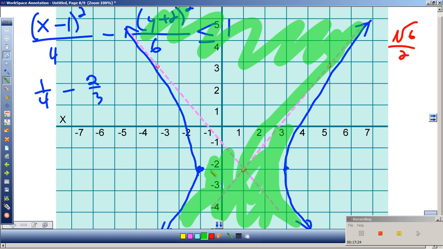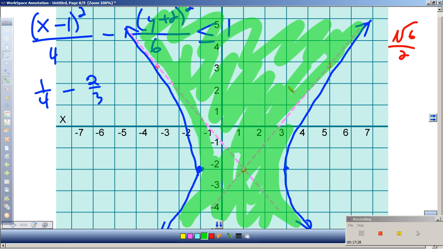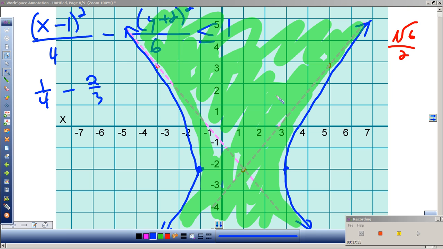Asymptotes are not actually part of the graph. When you pick a point to plug in, can you not put anything that's on the hyperbola? Correct. Because let's say we plugged in this point, which was -1, -2.